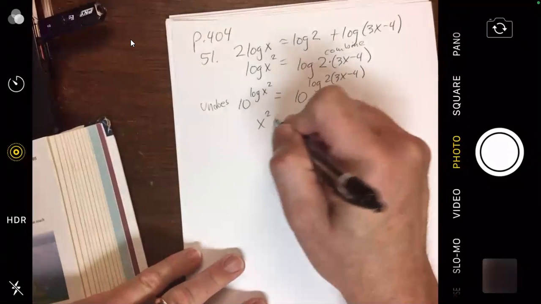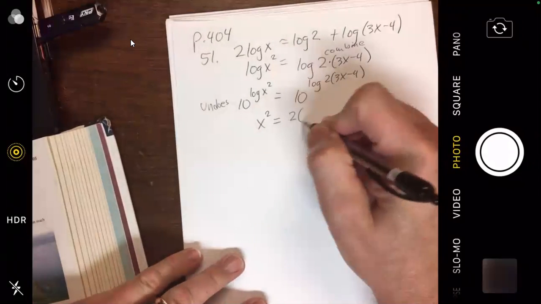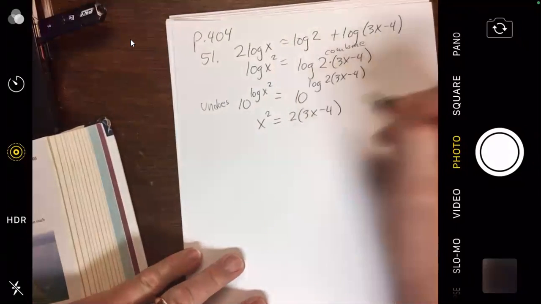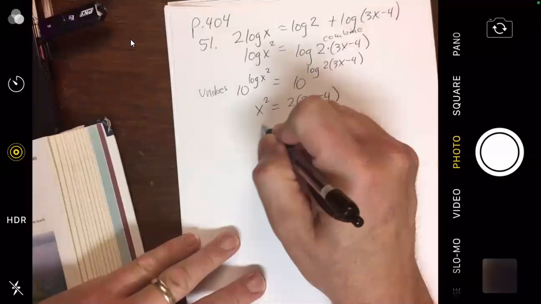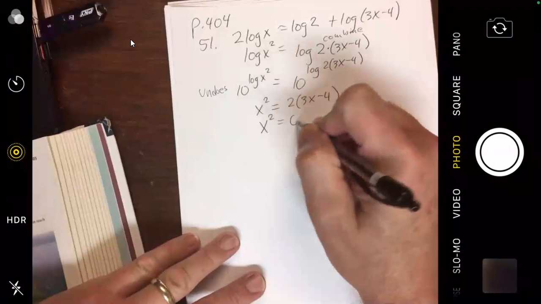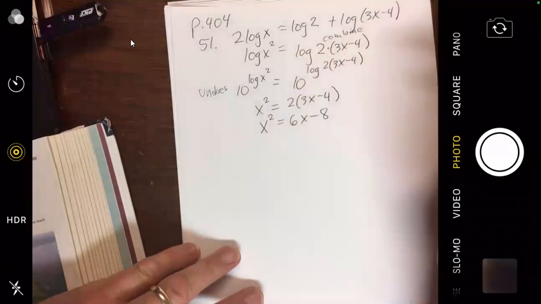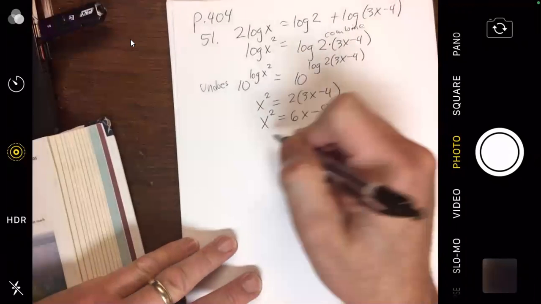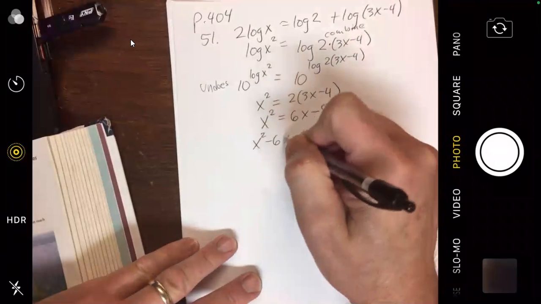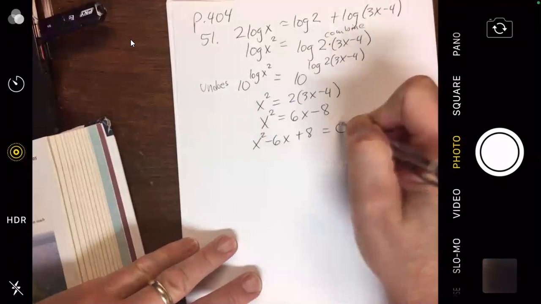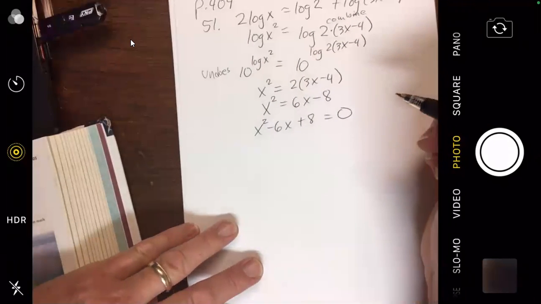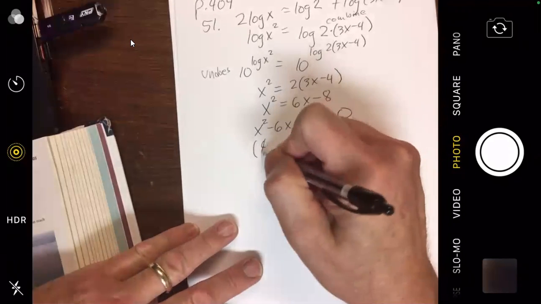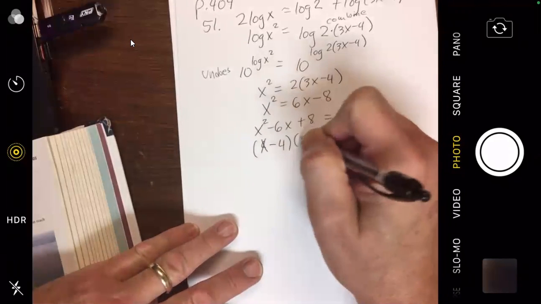X squared then is equal to 2 times 3x minus 4. So that will give me x squared equal to 6x minus 8, which gives me x squared minus 6x plus 8 equals 0. I believe you're going to find that's x minus 4 and x minus 2.